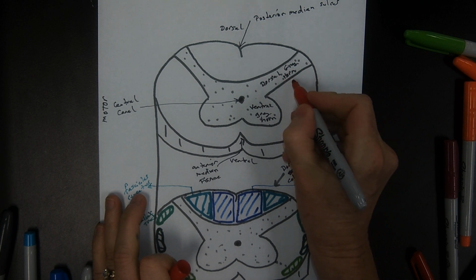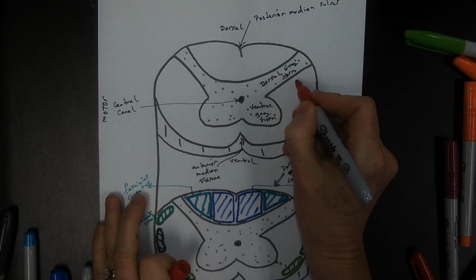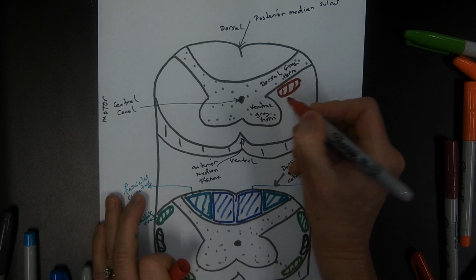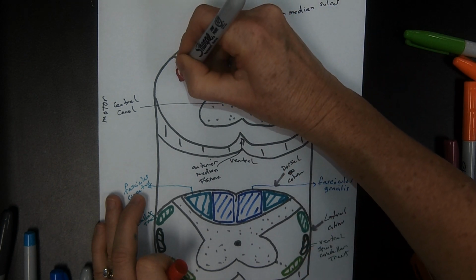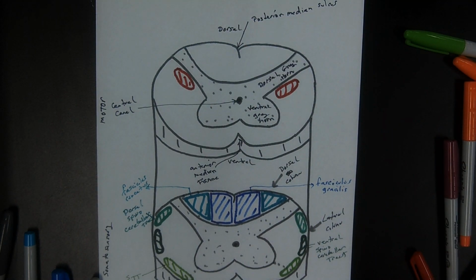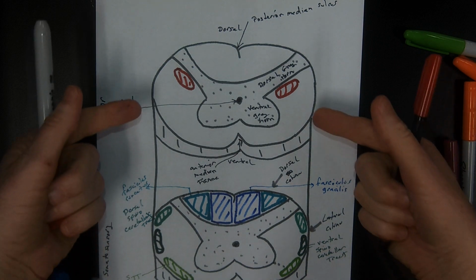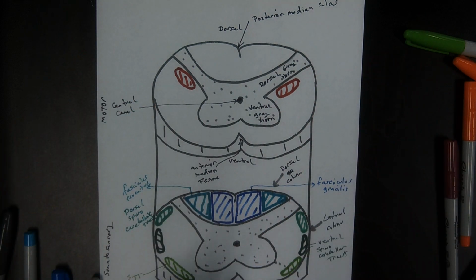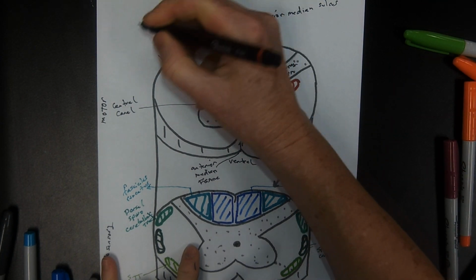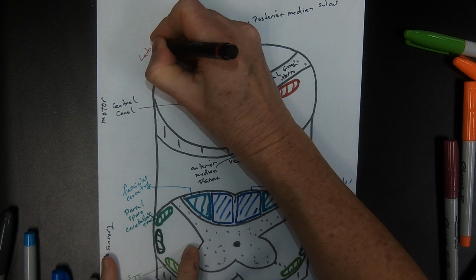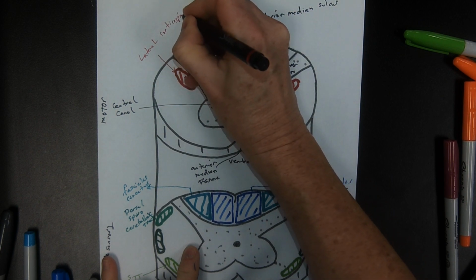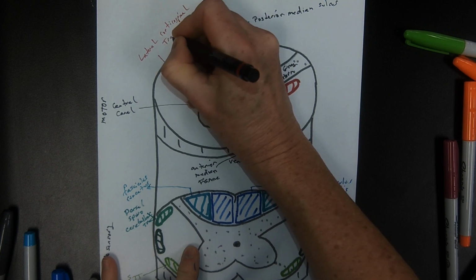But right here underneath the dorsal gray horn, it's going to be your big motor as far as PT is concerned, and since it's in the lateral system, this is your lateral corticospinal tract.